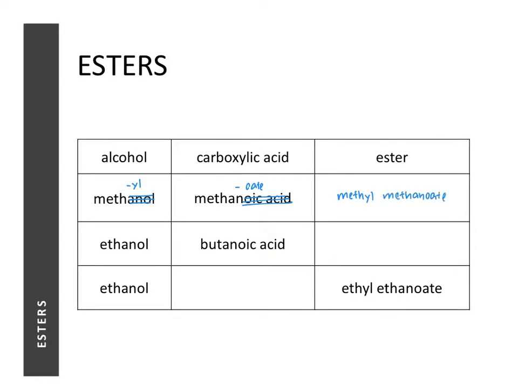Again, take note that there's a space between methyl and methanoate. Very quickly, when we react ethanol with butanoic acid, we will get ethyl butanoate.